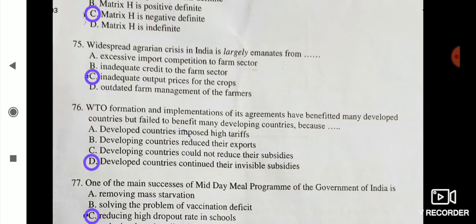And here widespread agrarian crisis in India largely emanates from inadequate output prices for the crops, which is given in option C. Then next, WTO formation and implementation of its agreements have benefited many developed countries but failed to benefit many developing countries because, given options are developed countries imposed high tariff, developing countries reduced their exports, developing countries could not reduce their subsidies, developed countries continued their invisible subsidies. And here the correct answer is option D, that is developed countries continued their invisible subsidies.